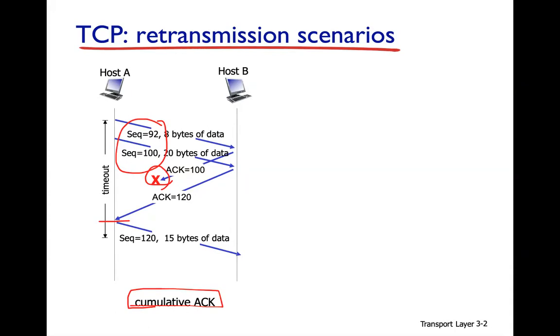So this time it means host B has already received these two segments correctly. So the next one A sends out will be 120. Since it's cumulative, I got 120, which means the host has already received 100. So it's no problem, it has already received 92 and 100. This is the meaning of cumulative. There's no need to retransmit sequence number 92.